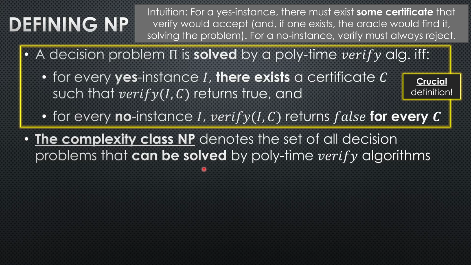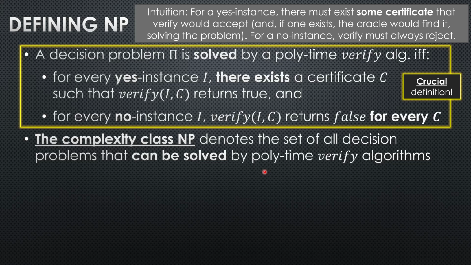Okay, the alternative definition is we can define NP as the set of all problems that have been shown to have polytime verify algorithms. And then we would say it's in NP only if somebody has shown that there is a polytime verify algorithm that solves the problem. Okay, between these two definitions, it doesn't really make a difference what you pick from the perspective of this course, because we're just going to ask you to show for a problem, show me it's in NP.